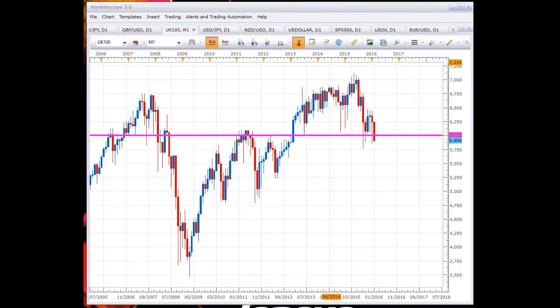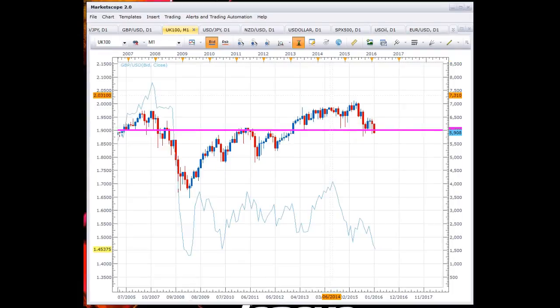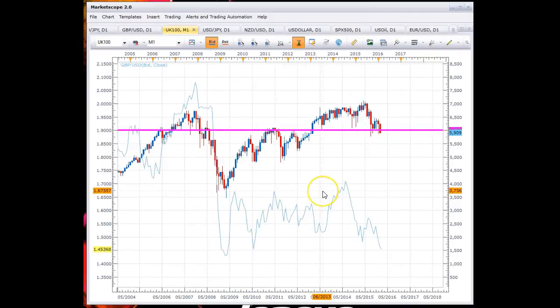If I just overlap, one more thing, and then I'll be on to the next topic, which is the pound versus the Kiwi Dollar. So you can see this is the monthly chart. There is a correlation between the two. Sometimes it's a positive correlation, sometimes it's inverse, one up, one down, and again positive again, and then sometimes again you see the FTSE 100 falling and the pound falling as well.